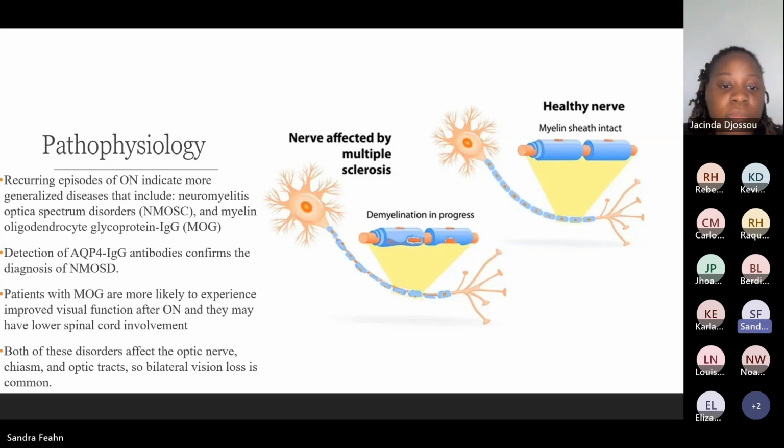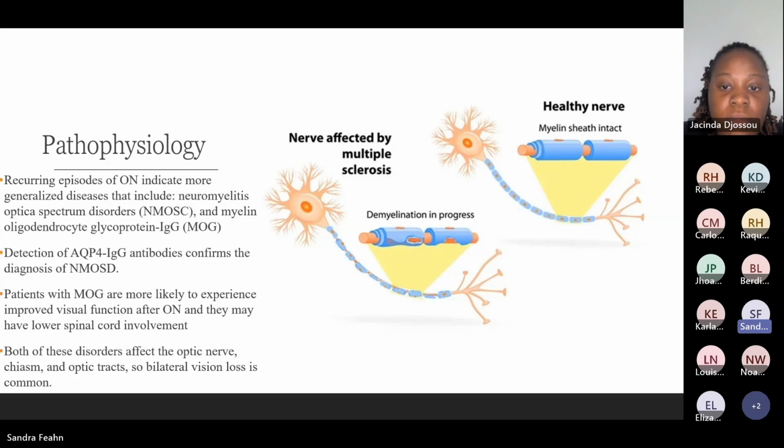So, reoccurring episodes of optic neuritis indicate more generalized diseases that include neuromyelitis optica spectrum disorders, which is NMOSD, and myelin oligodendrocyte glycoprotein IgG, which is also known as MOG. Detection of AQP4 IgG antibodies confirmed the diagnosis of NMOSD.